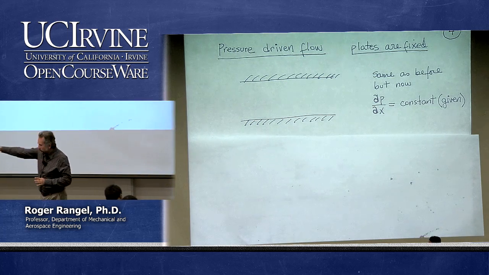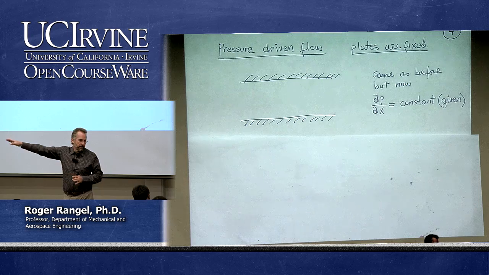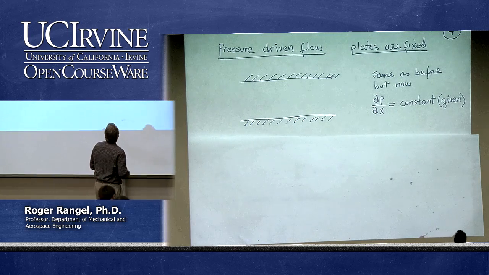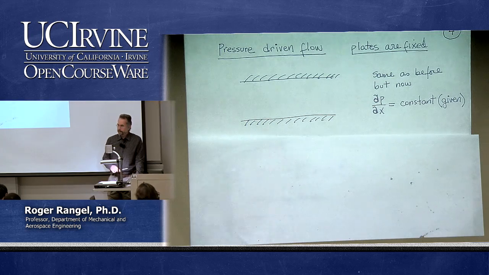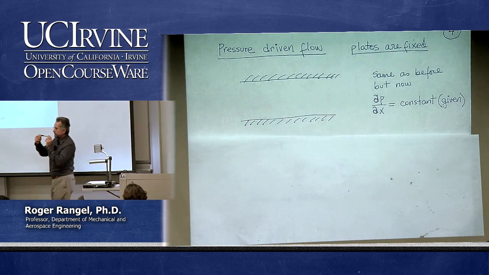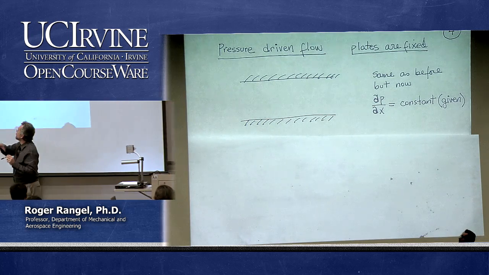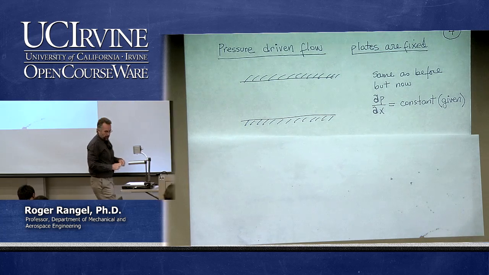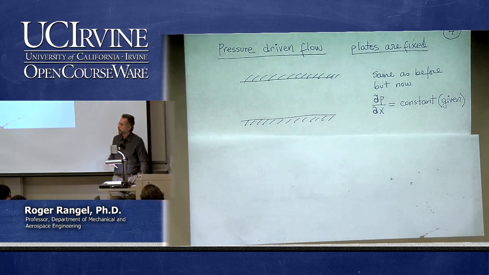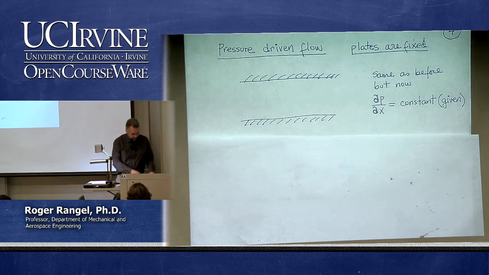I'm going to say that the pressure is the same everywhere in the x direction. Now I'm going to say that I'm going to have a constant pressure gradient in the x direction. So the pressure is not the same. It changes with x, right? But it changes linearly because I'm saying that dp dx is a constant. dp dx would be the slope of that.